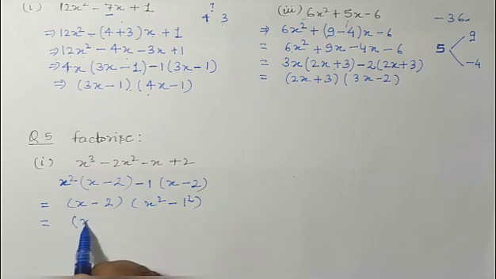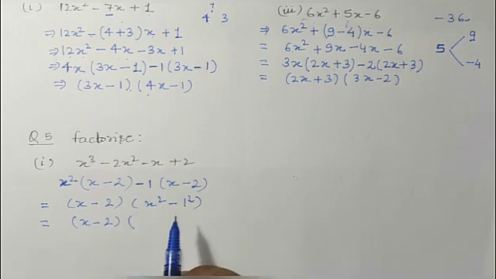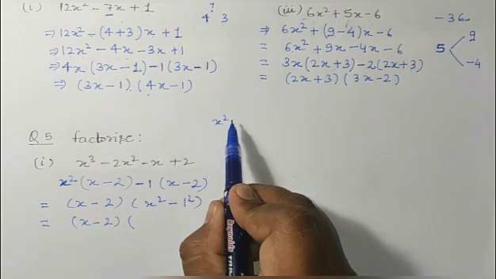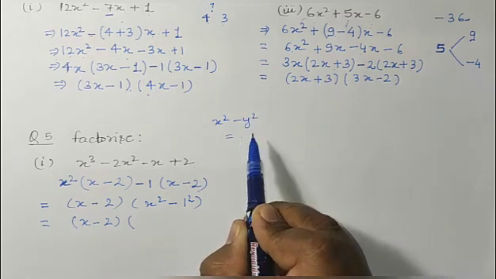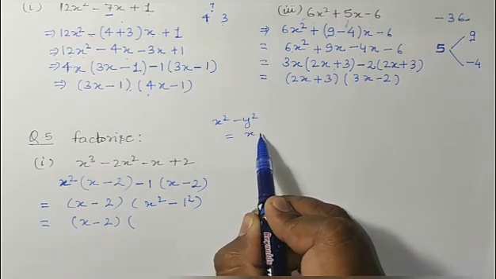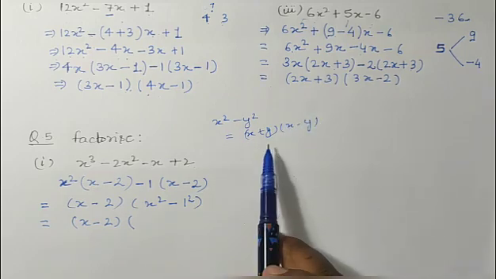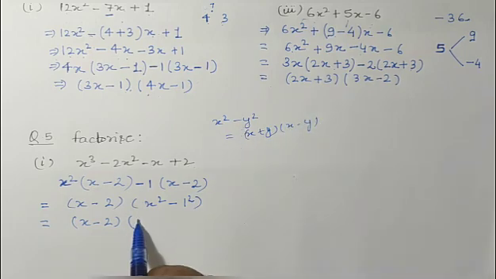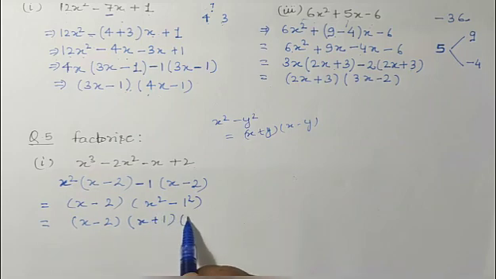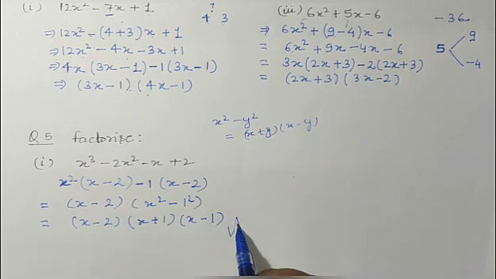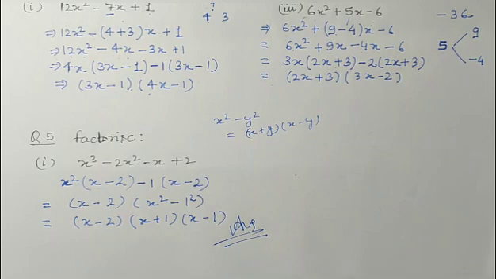Doing this, one more step you will write here, like x square minus y square. What is the formula of x square minus y square? There is an identity, x square minus y square is equal to x plus y and x minus y. So at the place of y, 1 is there, so you can write x plus 1 and x minus 1. So it will be your answer.